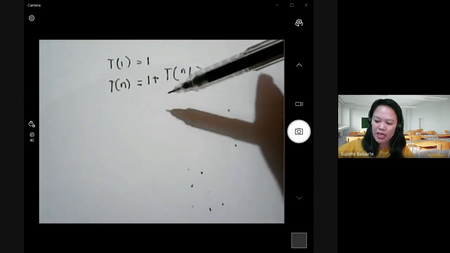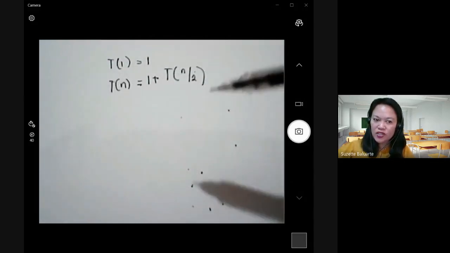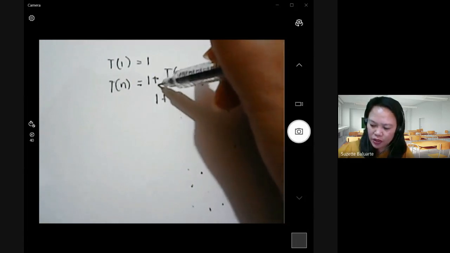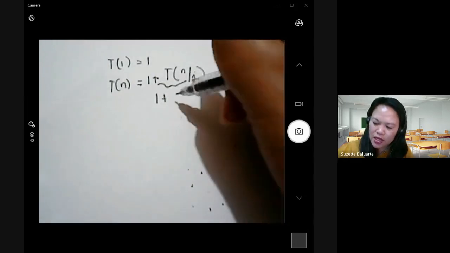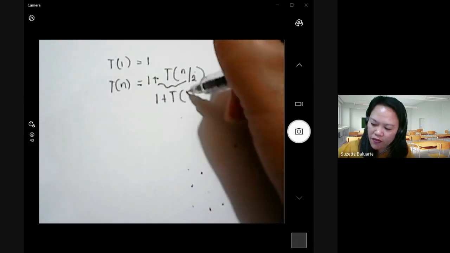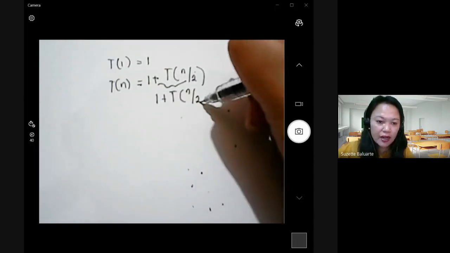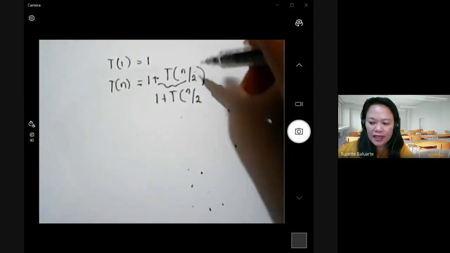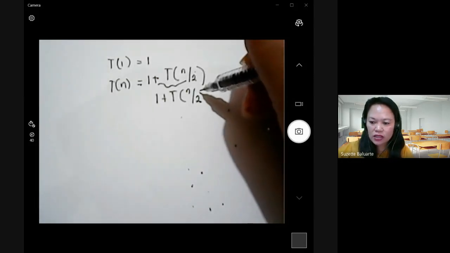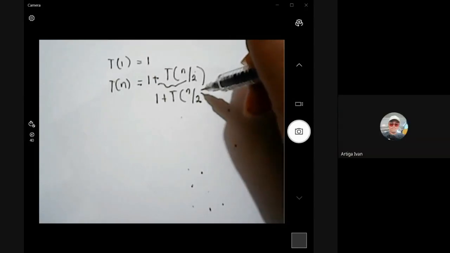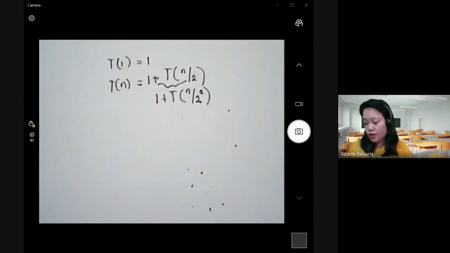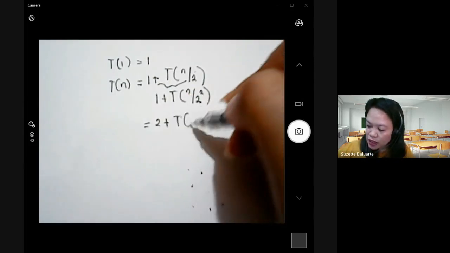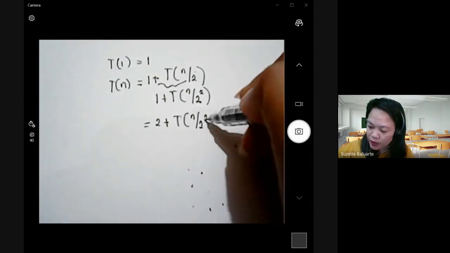Once it is called using the recurrence relation, this will become 1 plus, if you call this one, T of n becomes 2 to the power of what? If it is 1, the next is 2. Correct. Okay? So therefore, 1 plus 1 equals 2 plus T of n over 2 to the power 2.